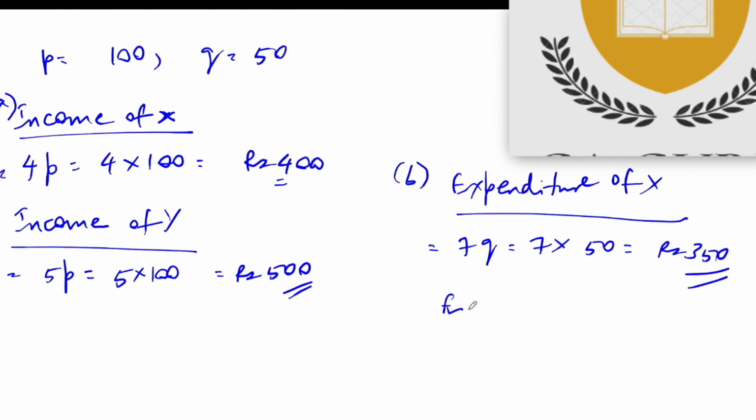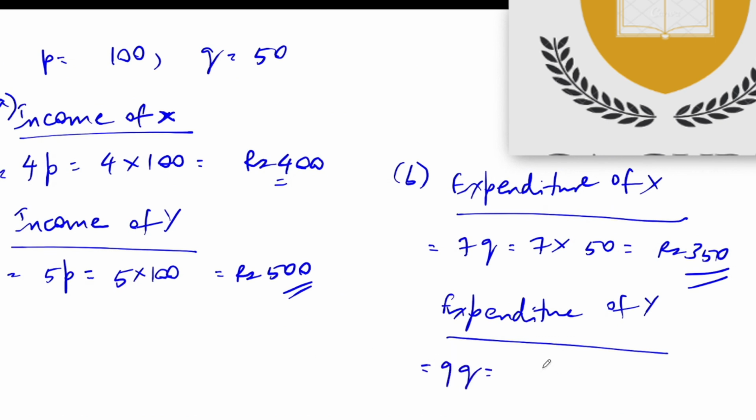And expenditure of Y is equal to 9Q, which is 9 into 50, rupees 450. This is the answer.